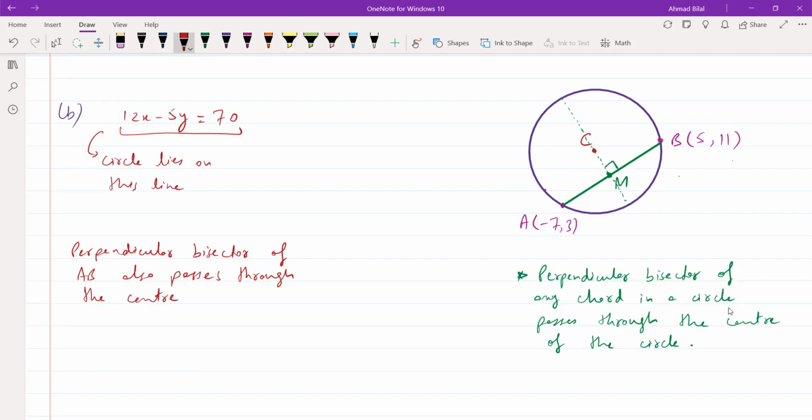So above, I wrote that circle lies on this line. That doesn't make sense. I meant to say center lies on this line. Center of the circle lies on this line. That is what it told you. So center lies on that first line.